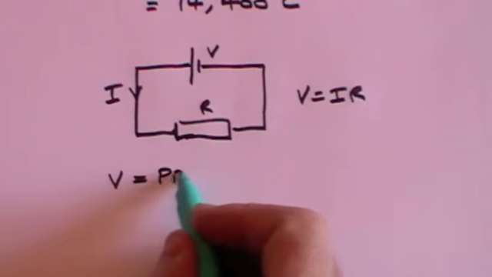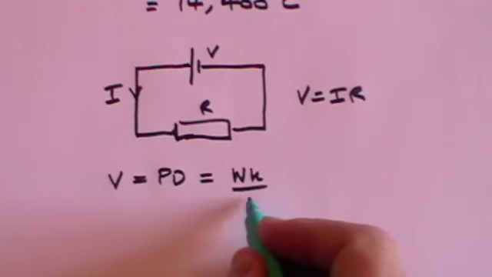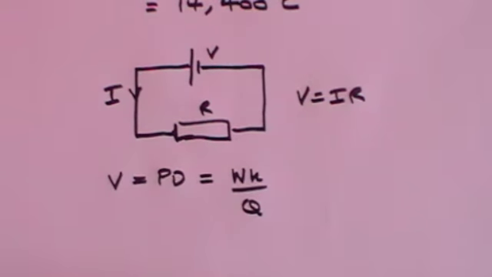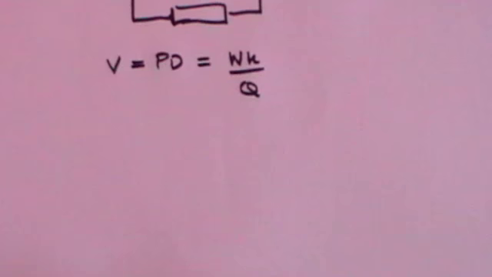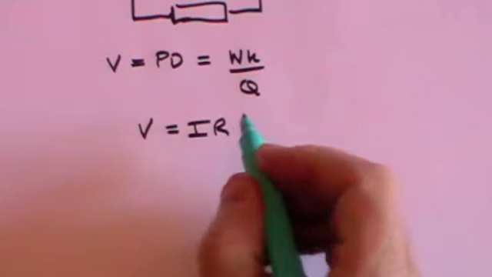Voltage, sometimes called potential difference, is the work done to move charges around the circuit. So it is work divided by charge. It's the energy transferred per unit of charge. So we've now got 3 equations. We've got Ohm's law, V equals IR.